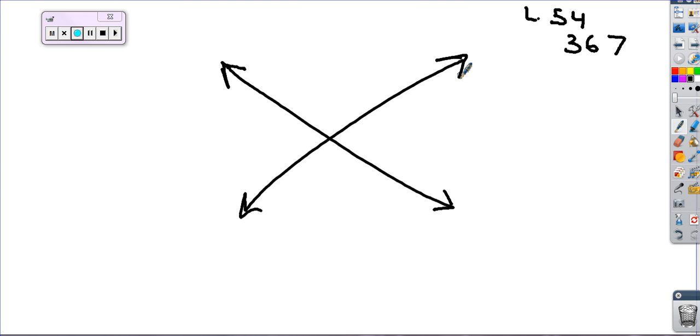All right, so in your notebooks, draw two angles that are intersecting. And as you draw those two angles that are intersecting, label each corner 1, 2, 3, and 4.